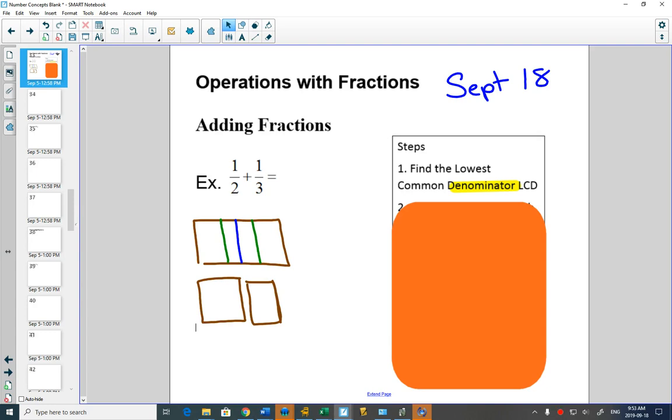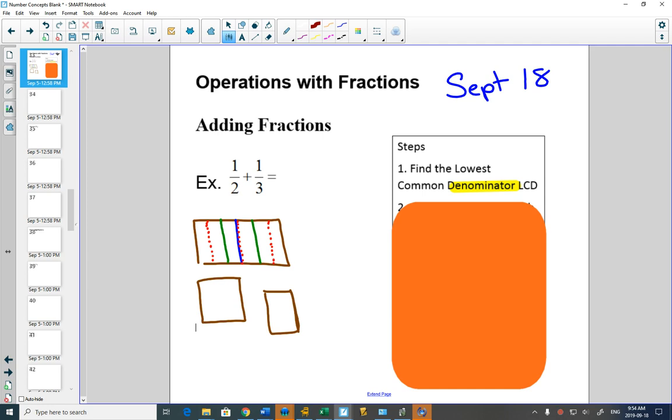Now, if you took each of your thirds and cut them in half, can you see that you would get 6 pieces?